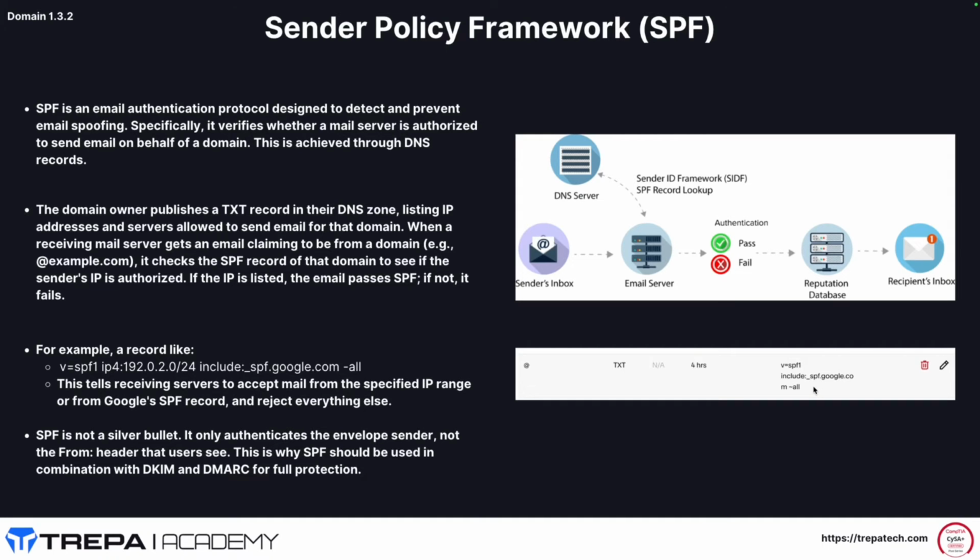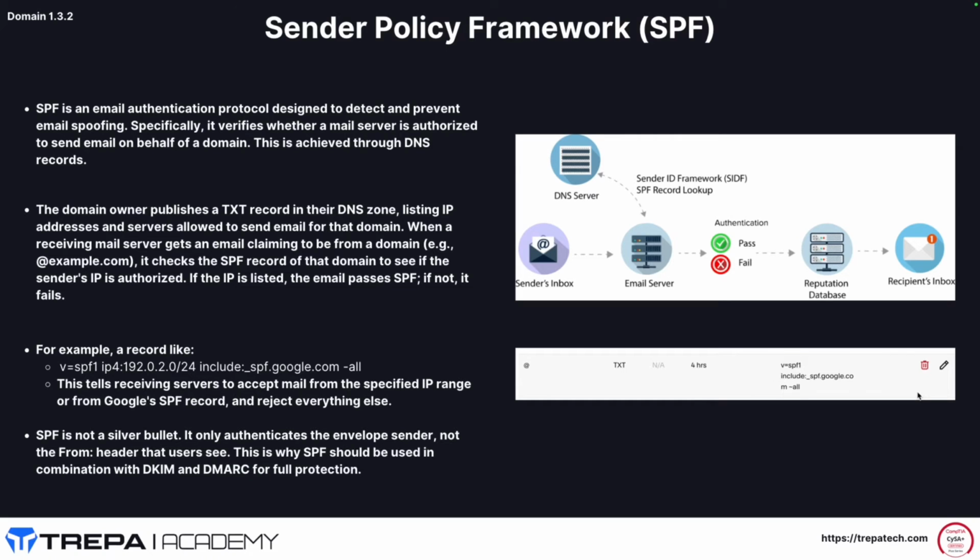Then it compares the sender's server IP, so remember, not my computer's IP but the IP of the email server I'm using, to the authorized list in the SPF record and says, hey, did this pass or did this fail? We also have something called a soft fail or neutral or none, but what we're looking for is the pass, okay? So this is our SPF check.